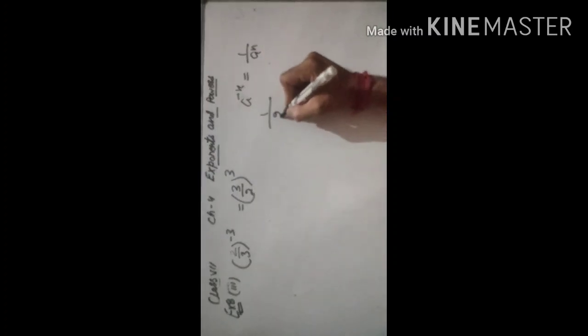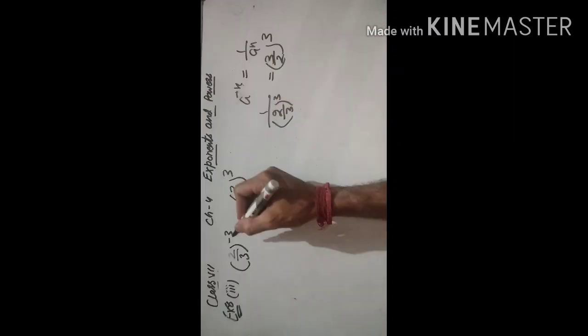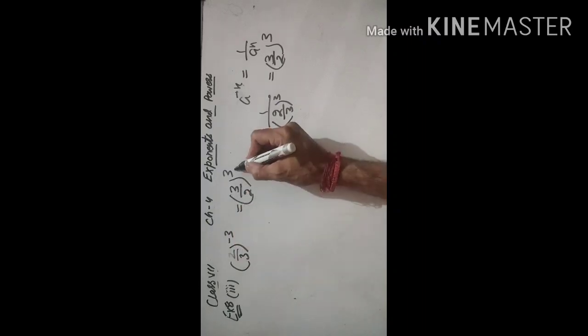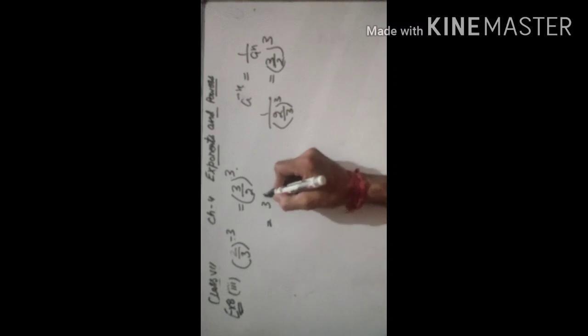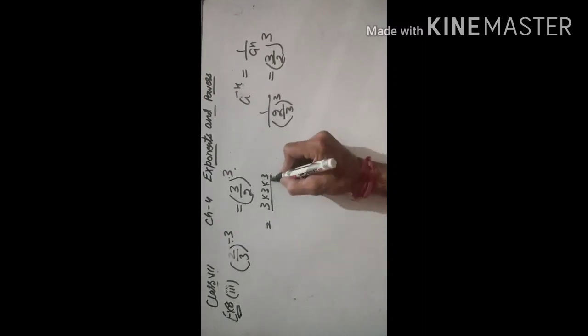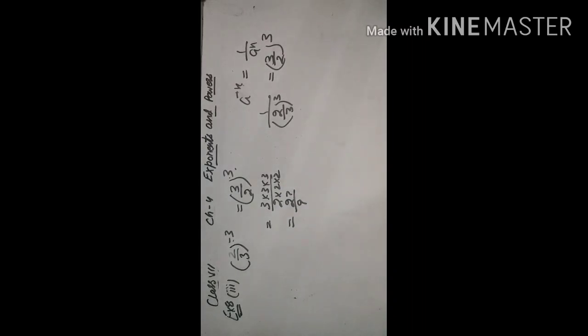So 1 by (2 by 3) to the power 3 becomes (3 by 2) to the power 3, but you can do it directly. The minus becomes plus. Now 3 into 3 into 3 upon 2 into 2 into 2, that is 27 by 8.